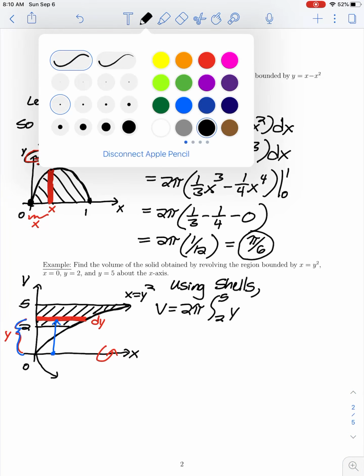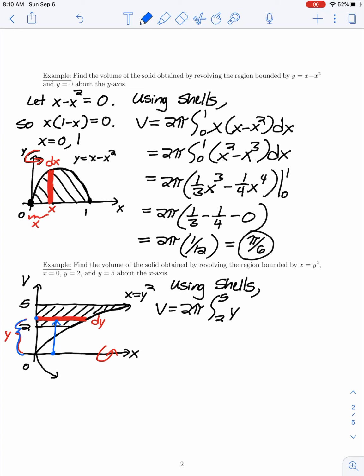So we can see that the horizontal distance we would move from the y-axis out to the edge is defined by this curve, which was x equals y squared. So if we take a slice at a height y, then the height of that cylinder would be y squared, times the thickness of that cylinder, which is dy.